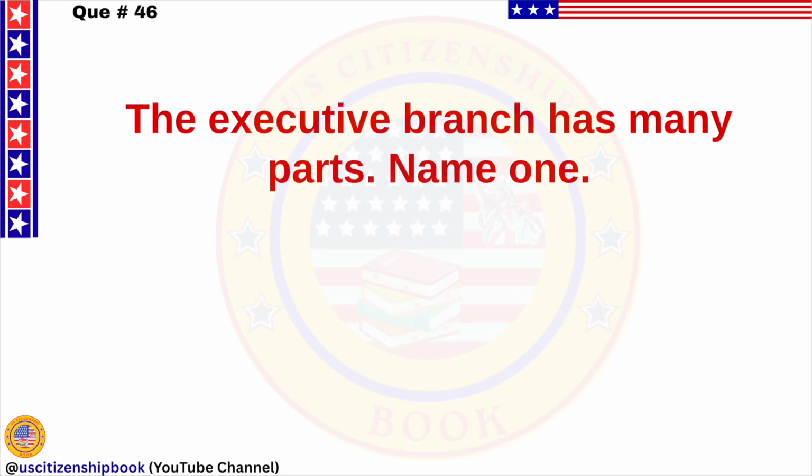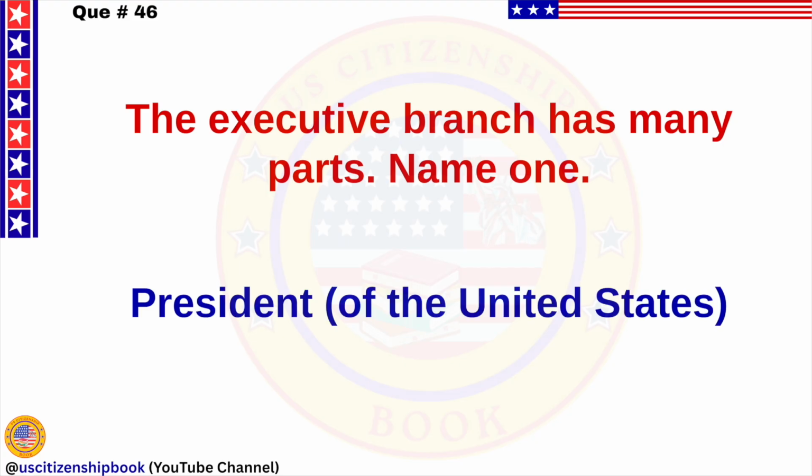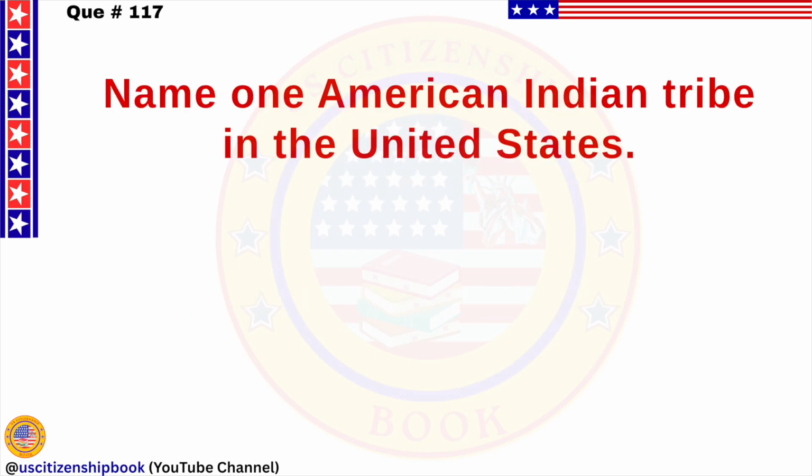The executive branch has many parts. Name one. President of the United States. Name one American Indian tribe in the United States. Cherokee.